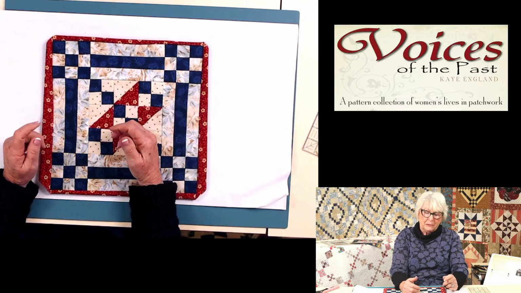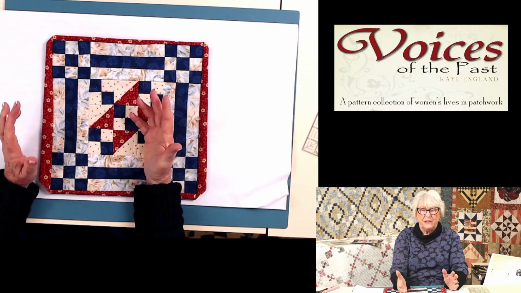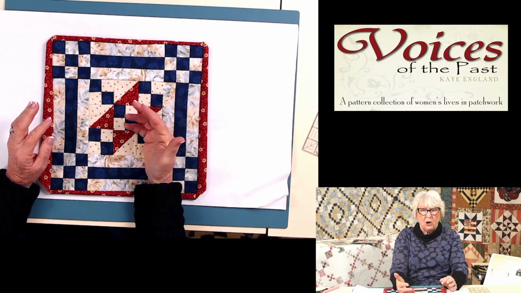There are some people that just get so uptight about who invented what and when it came along. The square's been around for a long time, I think. The half square triangle's been around for a long time. I don't think anybody can lay claim to having invented that. I think it's very difficult to say you invented four-patch or nine-patch. And I don't even lay claim to having invented the block that was called Harriet Tubman.